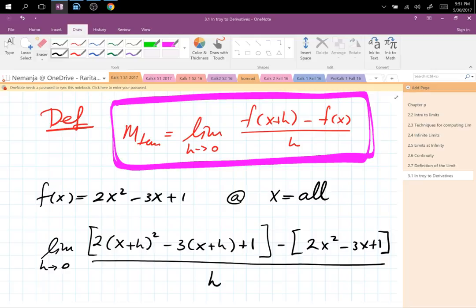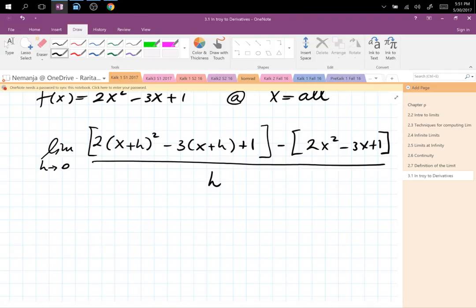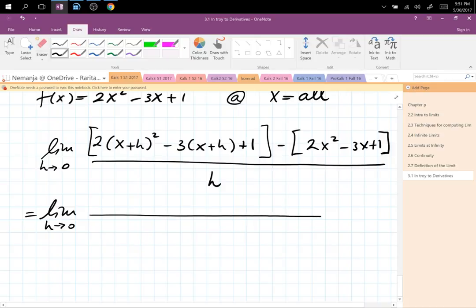Just grind through this algebra in one step, and you will see what happens. The most amazing thing happens. We have 2x squared plus 4xh plus 2h squared. If you don't believe me, you just FOIL it on the side. I know the quadratic formulas and stuff, so I just use that.